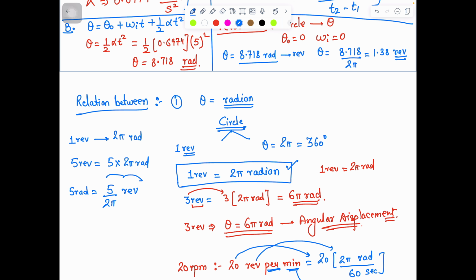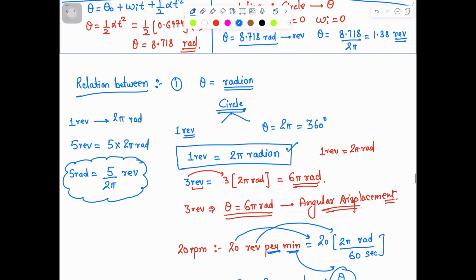Is it fine? So what you understand: revolution to radian, multiply with 2 pi, and radian to revolution, 1 over 2 pi of revolution. Is it fine? Clear? Sure.